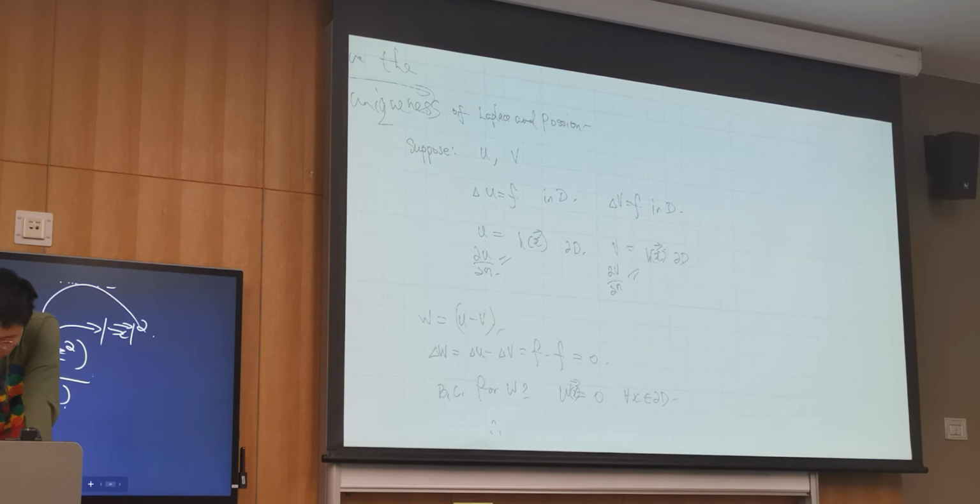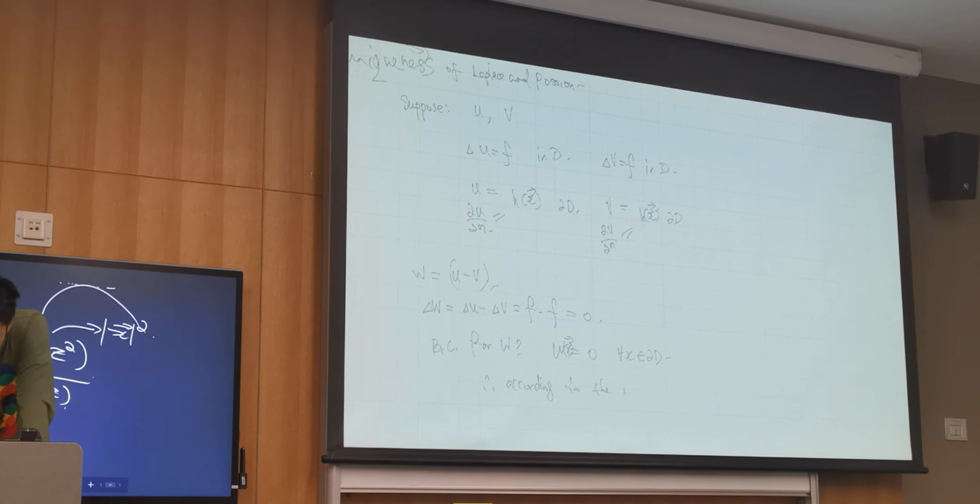According to the maximum principle, I have that w(x) is smaller than or equal to 0 for any x within D. But also according to the minimum principle, w(x) can only be larger than or equal to 0 for any x in D.